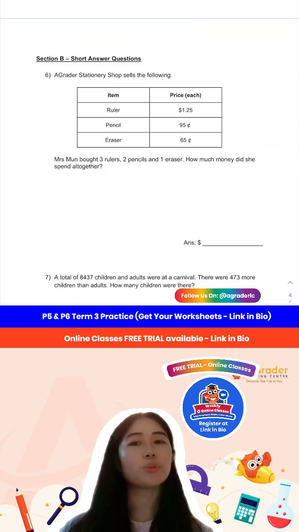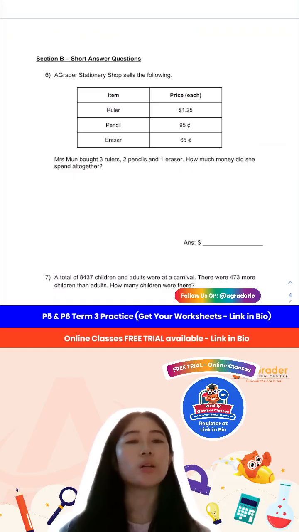By the way, you're not supposed to be using a calculator for this question. Most of you don't have the worksheet because it's not in the Google Drive this week. So just get a piece of paper and do your working on it.